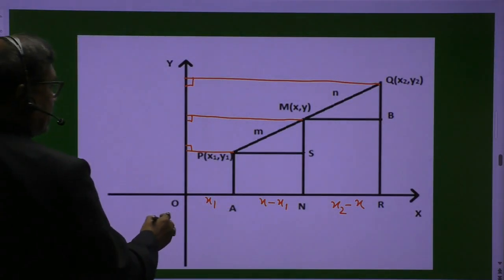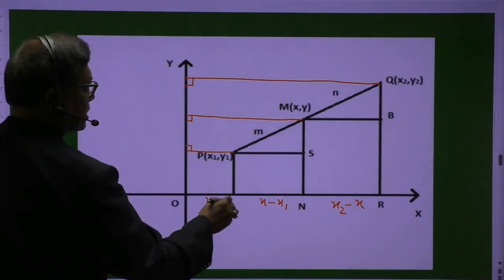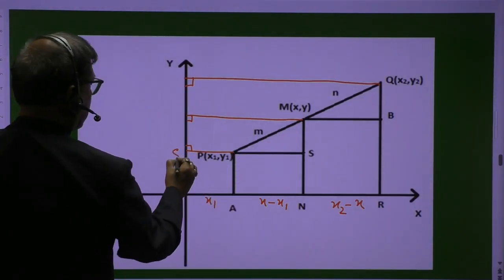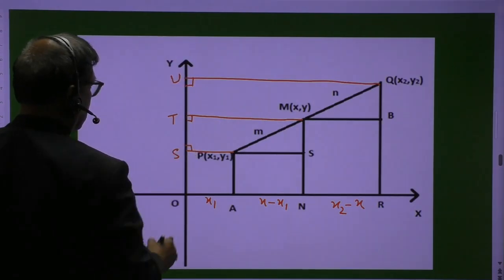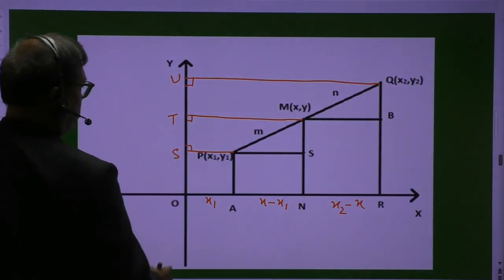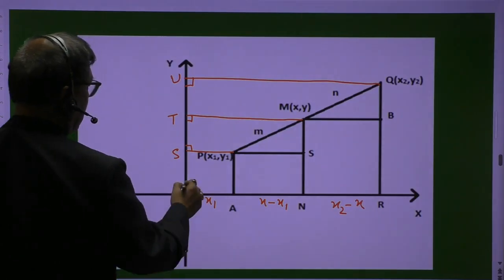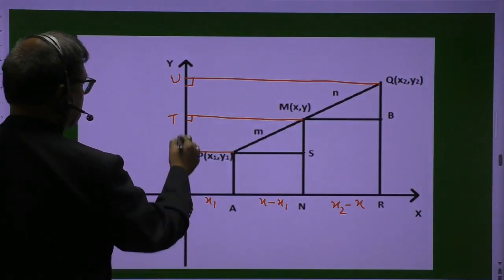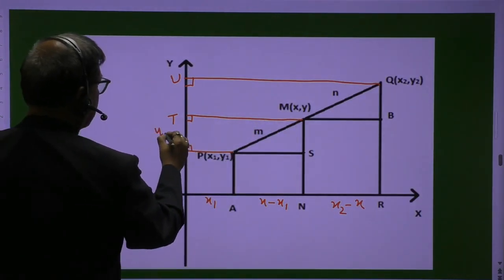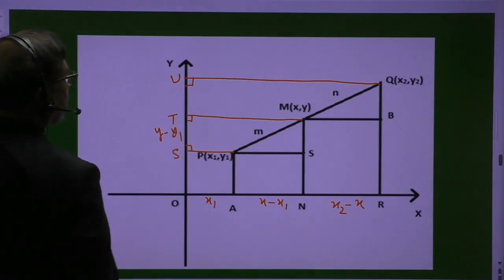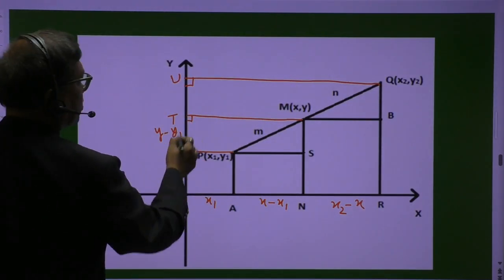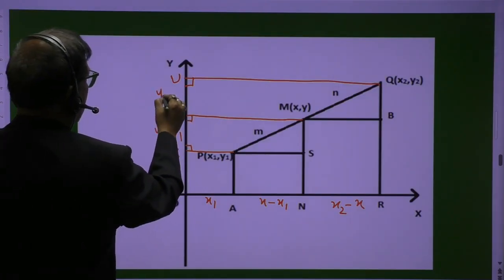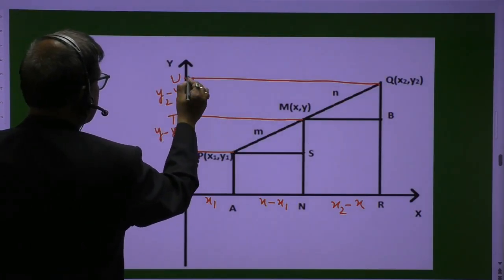Say the names I am giving here are S, T and U. Now what is OS? OS is y1 and OT is y. So TS will be y minus y1. Similarly OU is y2 and OT is y, so UT will be y2 minus y.